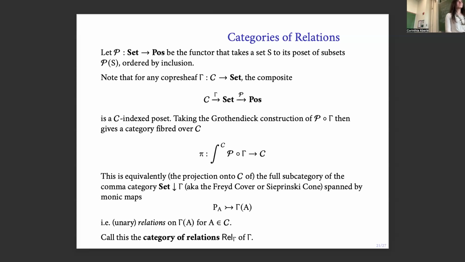That gives us the Freyd cover, or Sierpinski cone, which has a projection that preserves all the structure. And if we're doing this to the initial such category, the free one, then that's a section of the projection.